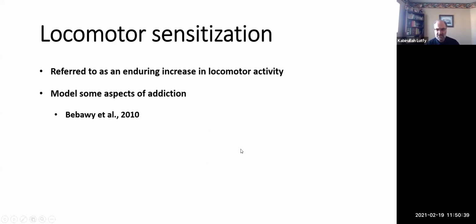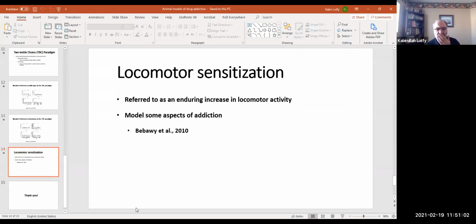So basically, when you treat animals with cocaine, the first day you get an increase, or you inject morphine in mice, they show increased locomotor activity, and that increased locomotor activity is growing day by day.